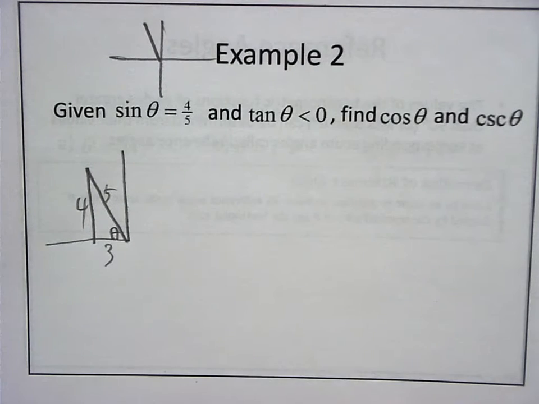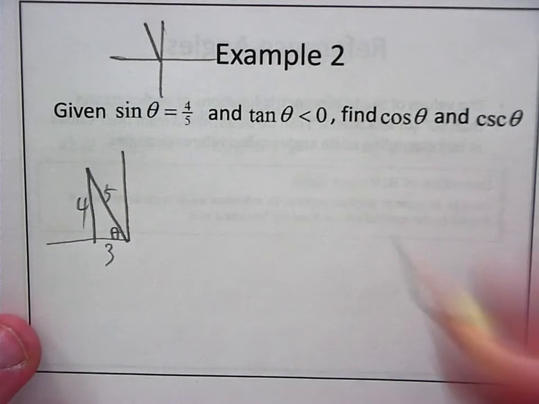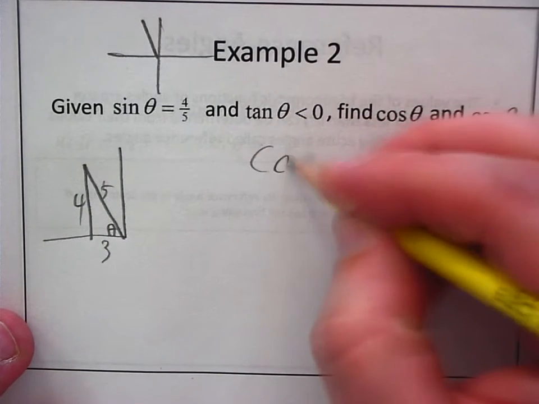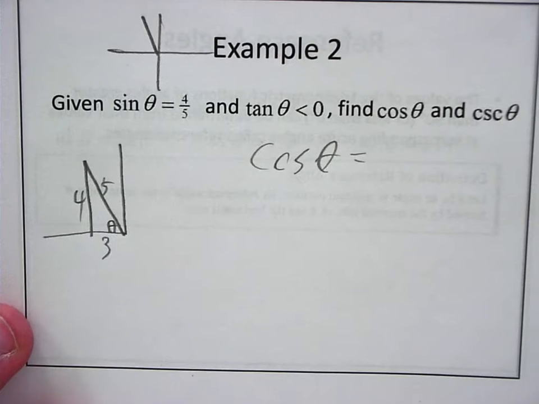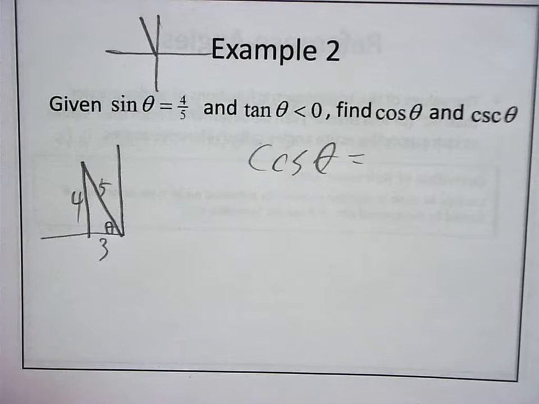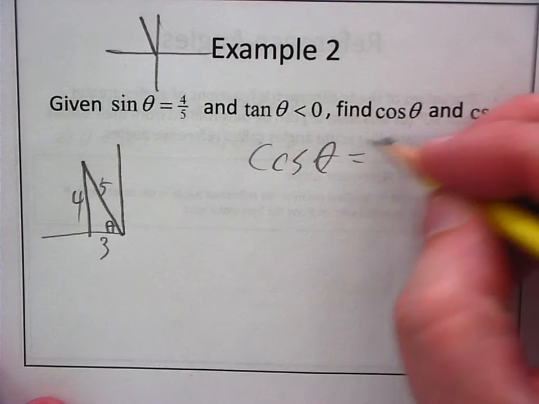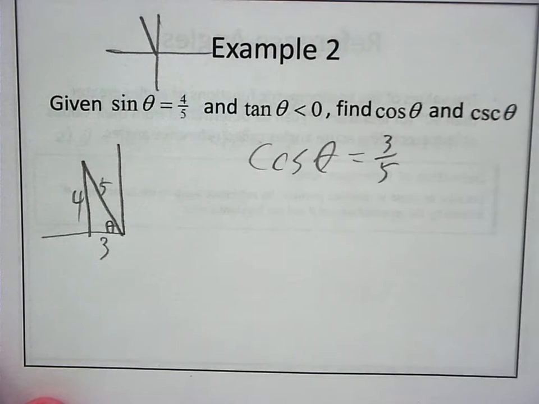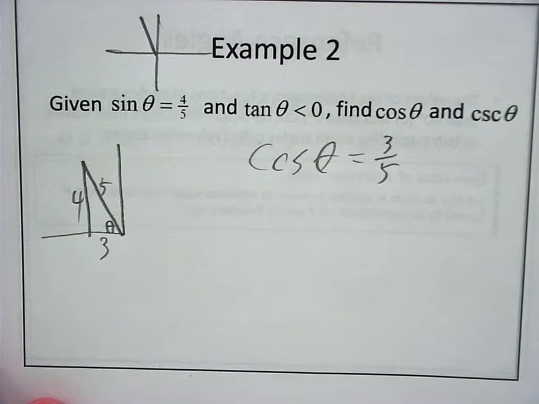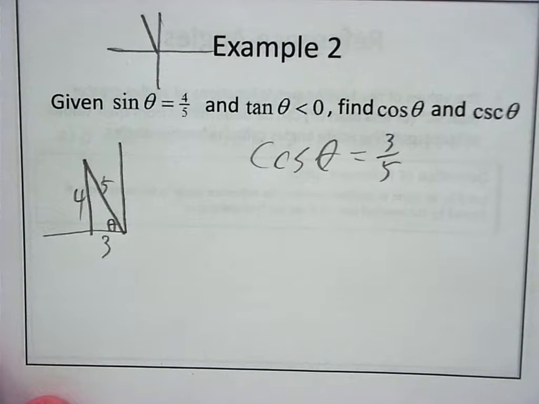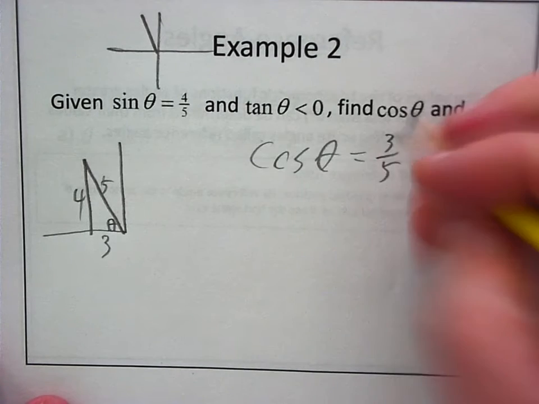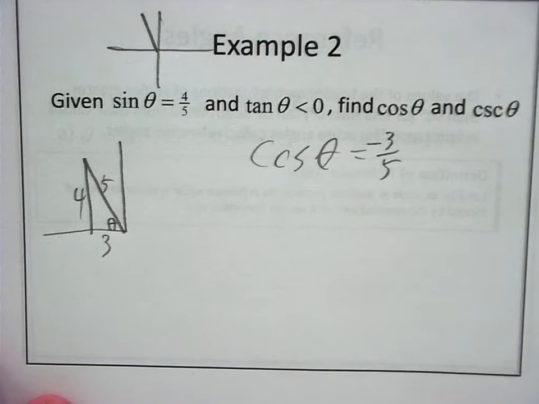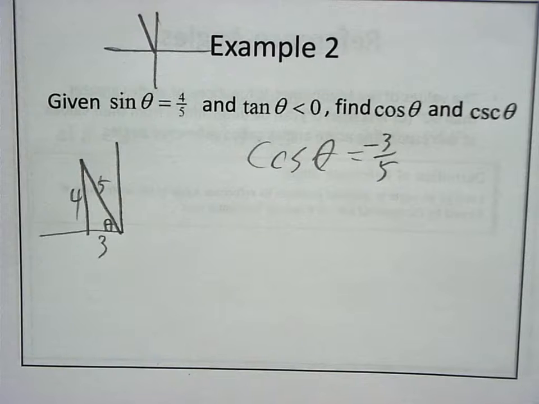Okay. Anyway, going from this, what would cosine of theta be? 3/5. Except that's wrong. Why negative? It's in quadrant 2. Cosine is negative in the second quadrant.